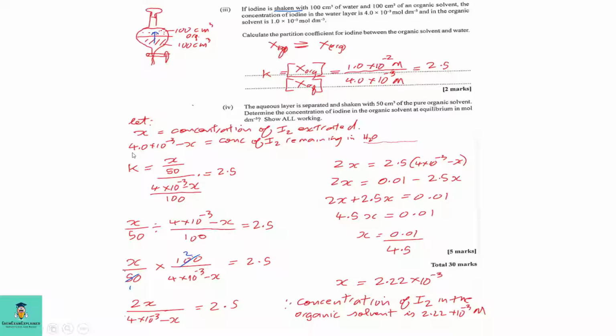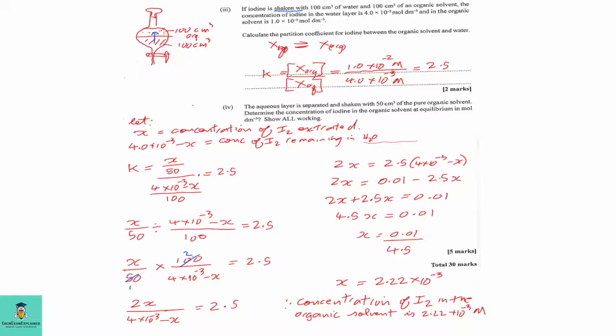And of course, 4.0 times 10 to the minus 3 minus X is equal to the concentration of iodine remaining in the water. Because if you remove a certain amount of iodine, then what is left is what did not transfer from the aqueous layer to the organic layer.